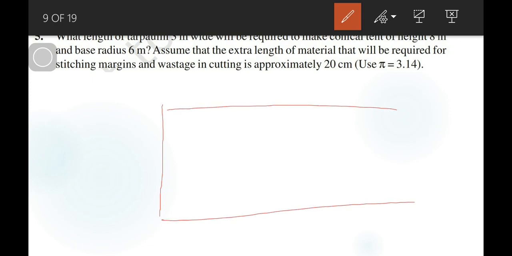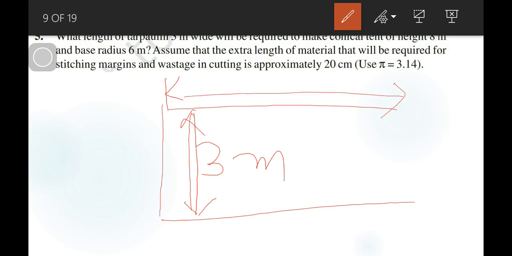Given that this tarpaulin has width 3 meter, the width of this tarpaulin is 3 meter. We want to find the length of this tarpaulin.